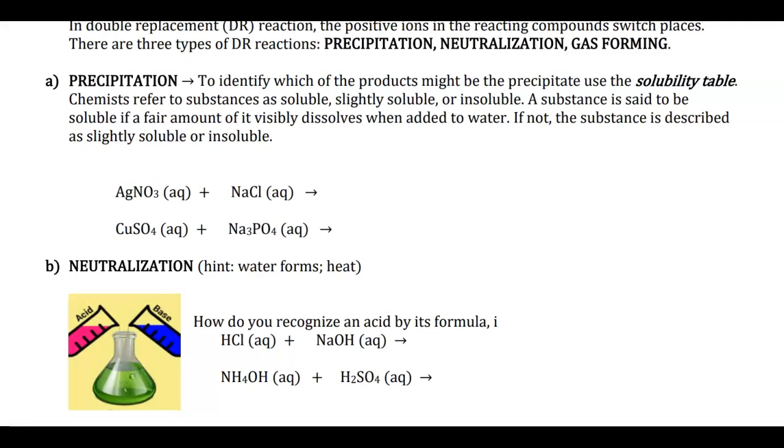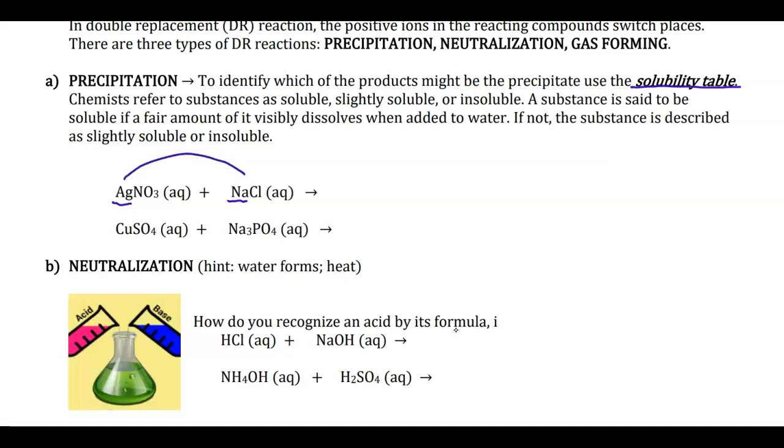Okay, so for precipitation, you need to use the solubility table again. And let's do this one. Silver nitrate and sodium chloride. So I'm going to underline cations because cations will replace each other, right?